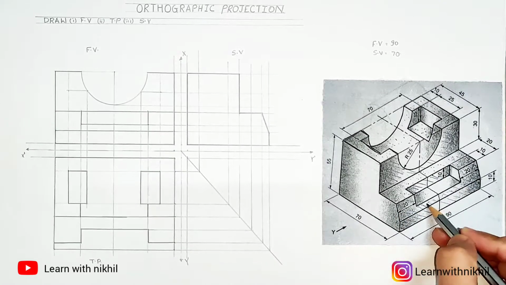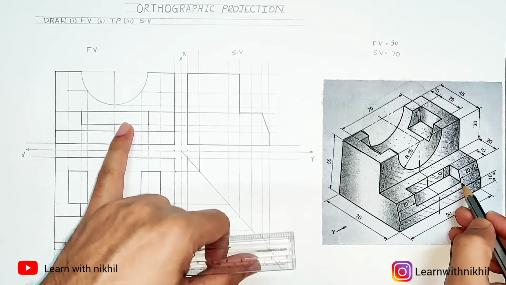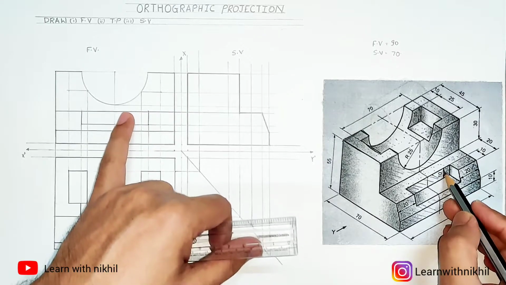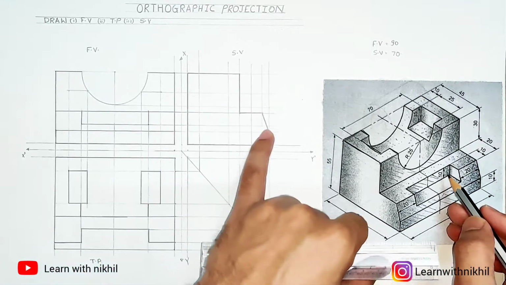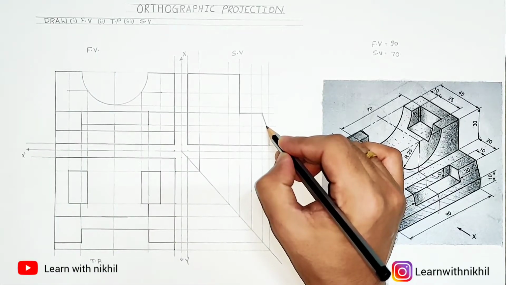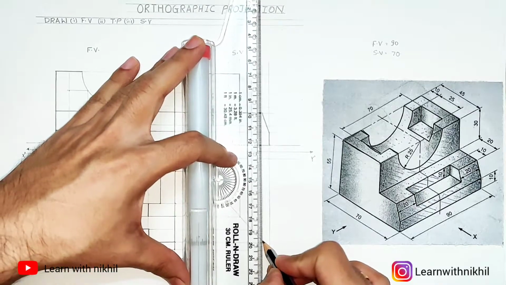Now this line we will get from the slant line. Now taking this line projection, this height is 10. So this line projection to the side view, that is this point, and from this we will take the projection from the side view to the top view.